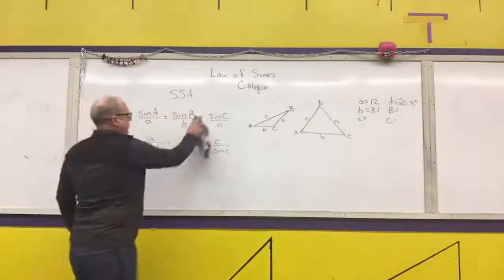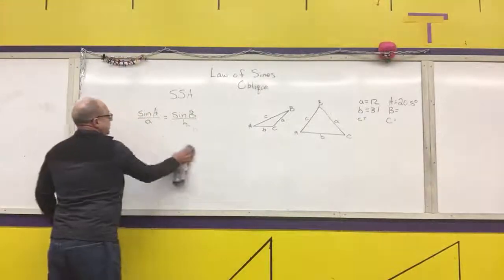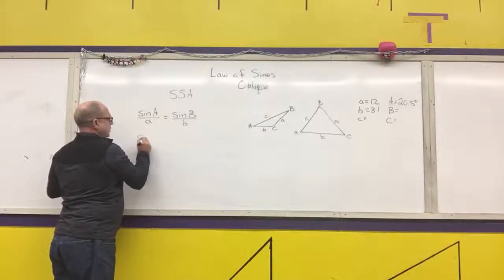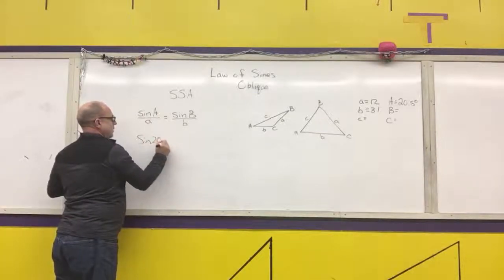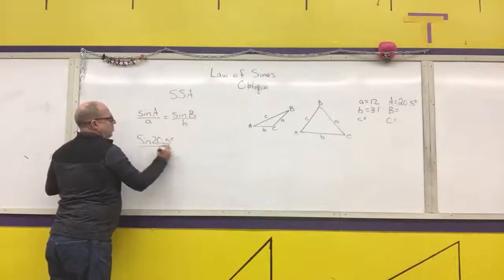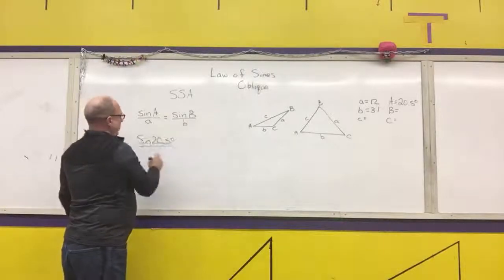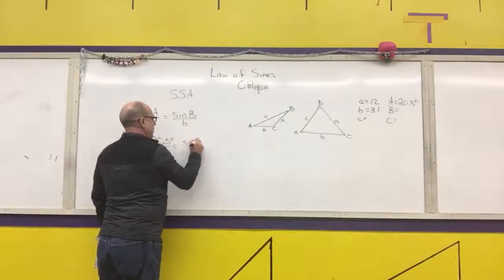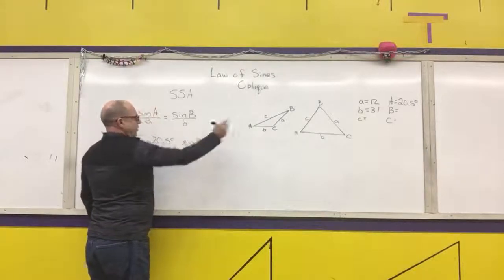And I am now going to fill in the blanks. It tells me that the sine of 20.5 degrees over little a, 12, is equal to the sine of B over 31.